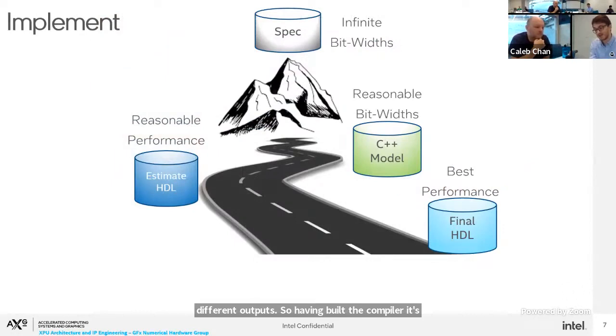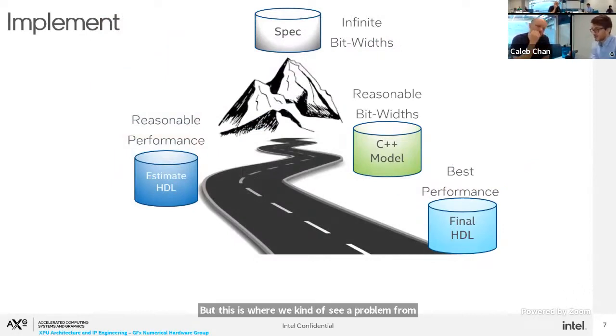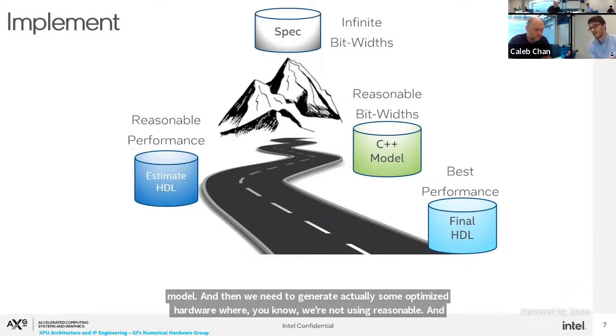But this is where we see a problem from a hardware perspective. We have this sort of infinitely precise specification where we can choose any arbitrary precisions. And then we need to generate some reasonable bit widths for our C++ model. And then we need to generate actually some optimized hardware where we're not just using reasonable bit widths. We want to use the smallest possible bit widths in our final generated hardware because bits correspond to area and delay in general.